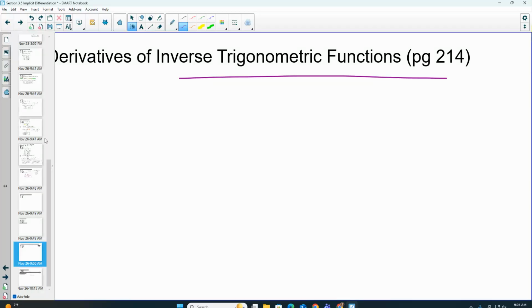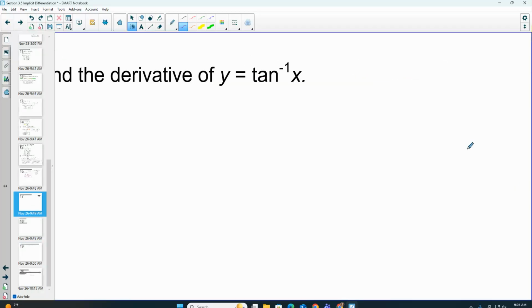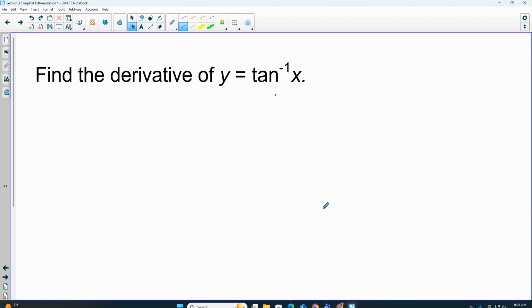Let's prove another one. Let's do the derivative of tangent inverse. So what that means is tangent of angle y is equal to x.